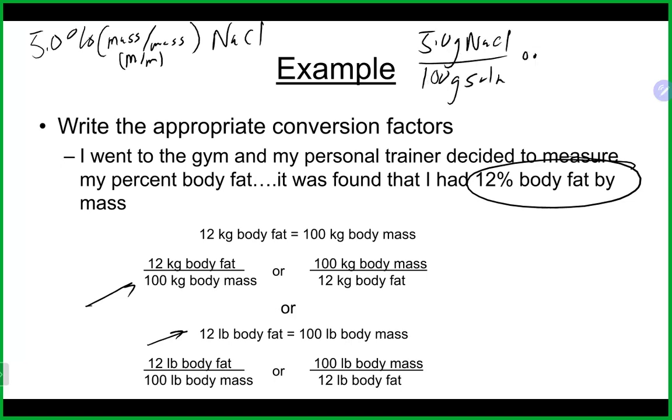Again, assuming 100, 100 grams of solution would contain 5 grams of sodium chloride in this particular case. So that's a really good way to convert things into a usable type of unit.